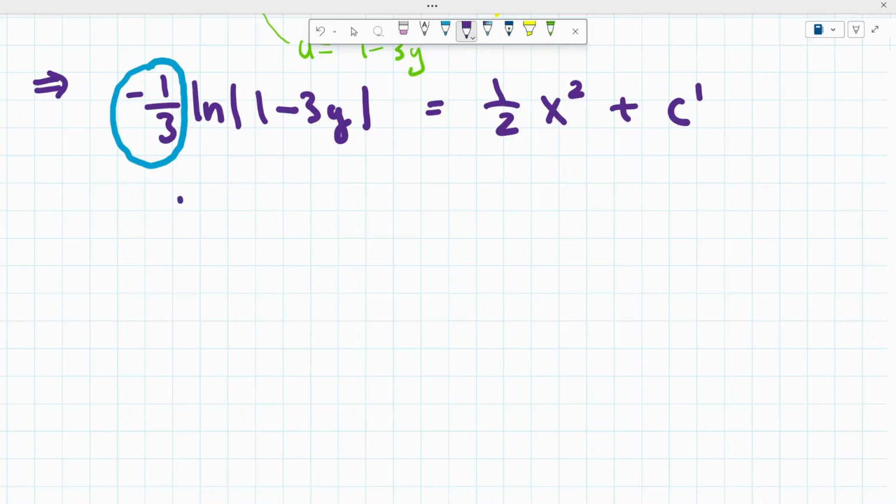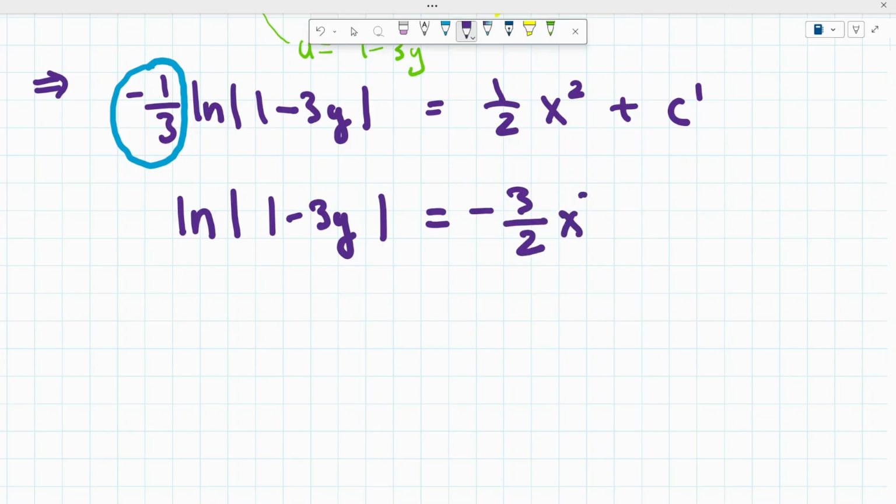So that means we have ln of 1 minus 3y equals negative 3 over 2 x squared, and then minus 3c prime.